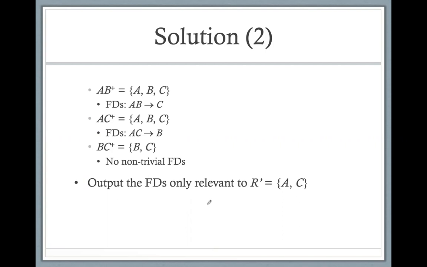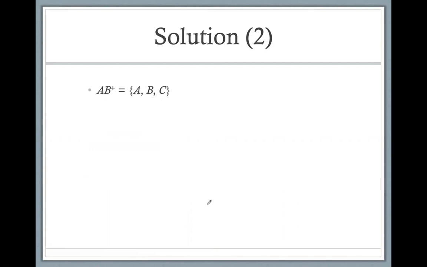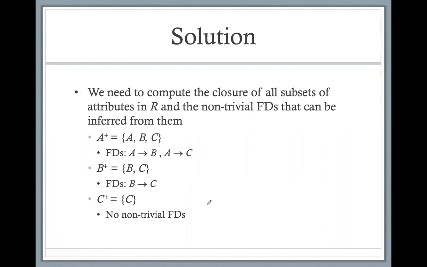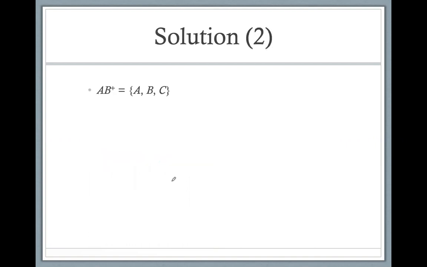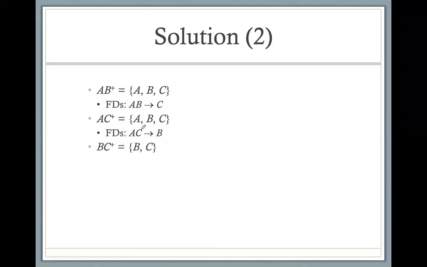And then for the output, the functional dependencies that are only relevant to R dash. So I have the following set of functional dependencies. A determines B, A determines C. So this is relevant to A and C, so I will highlight it. B determines C is not relevant to A and C, because it involves the attribute B. This one also involves the attribute B, so it's not included.